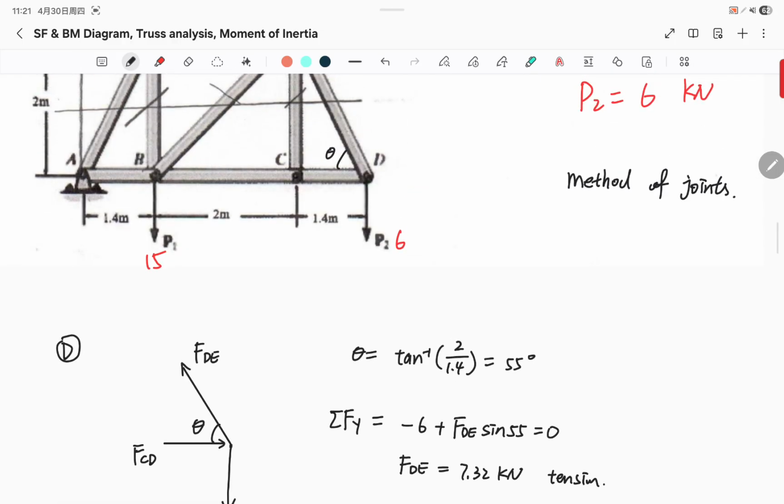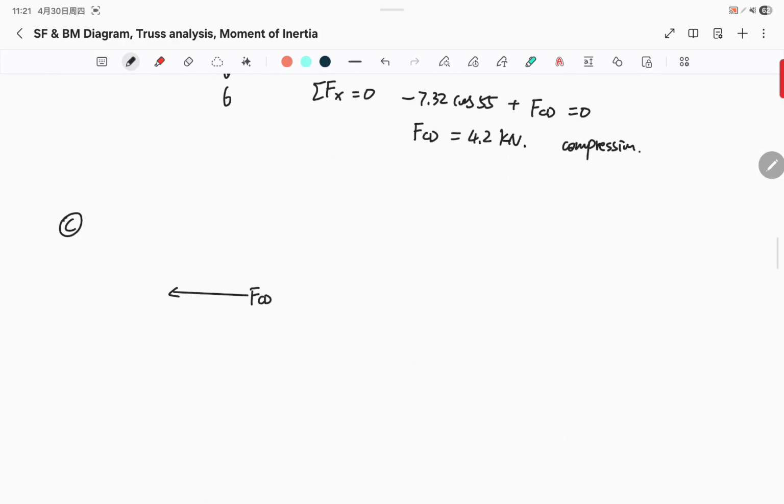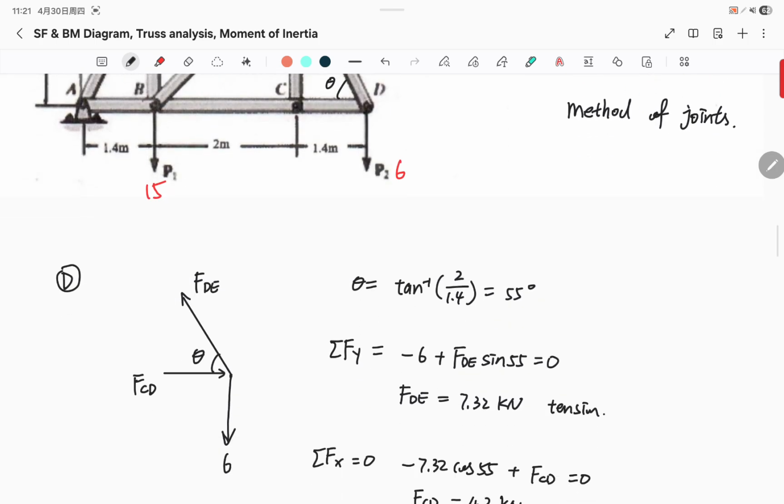And coming down, we have EC. And we have this force, BC.